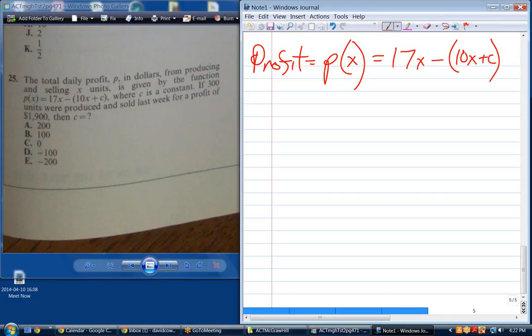C is some constant. We don't know what it is yet. In fact, the question they're asking is, what is C? So we have to figure out what C is.